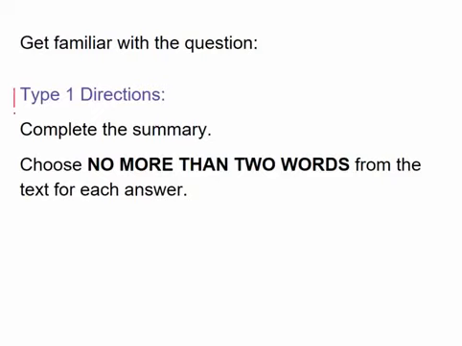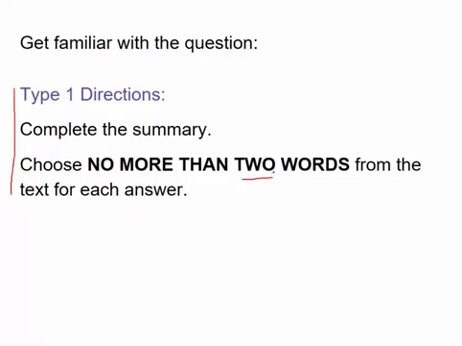The first type for summary completion questions are basic short answer question type that you've seen other places on IELTS reading. Here we've got the example of use no more than 2 words. It could be 1 word, 3 words. You could have numbers that you have to use. But this is just an example.